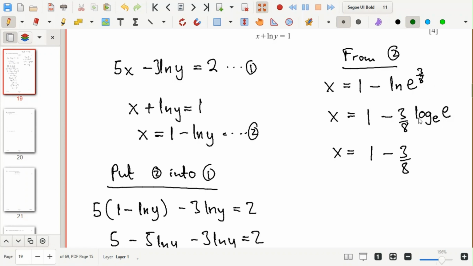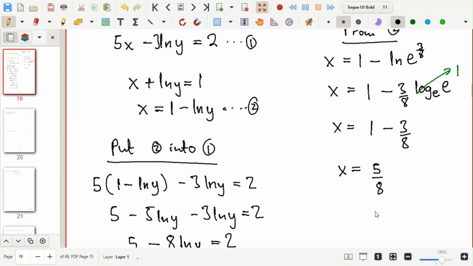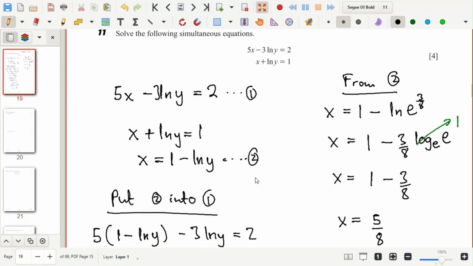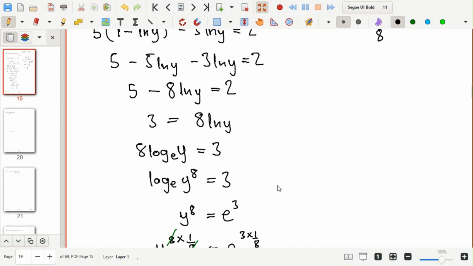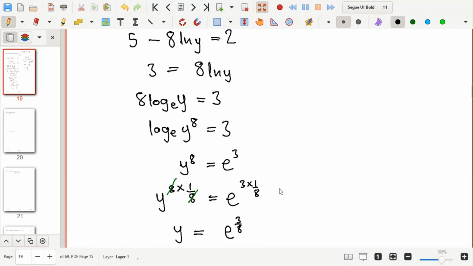Yes, so this expression goes to 1. So when you solve this, you get x to be 5 on 8. 5 on 8. I told you it's not difficult. Up to now, you still don't believe me. All right.